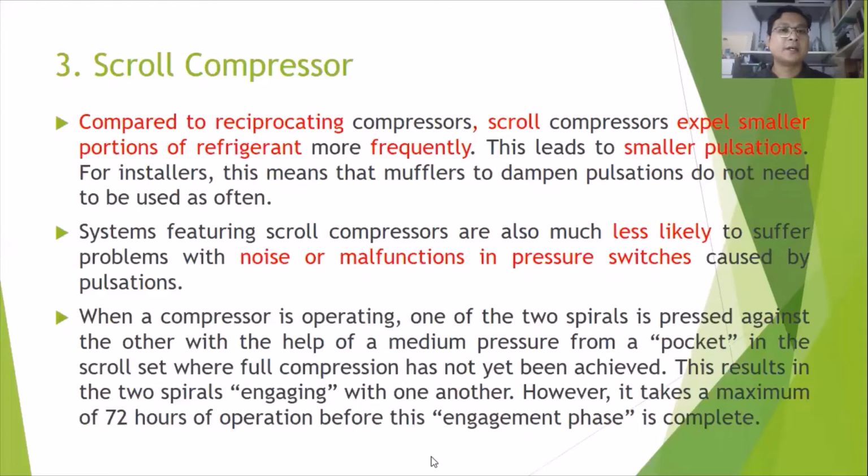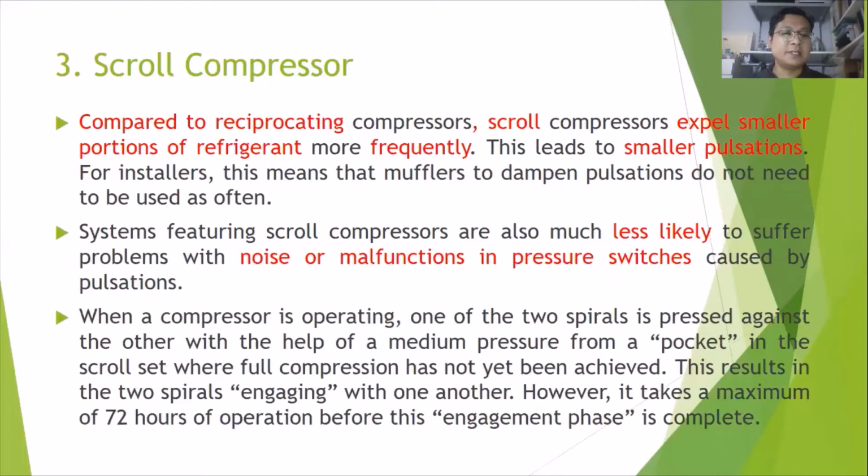And second, systems featuring scroll compressors are also much less likely to suffer problems with noise or malfunction in the pressure switch caused by pulsation.